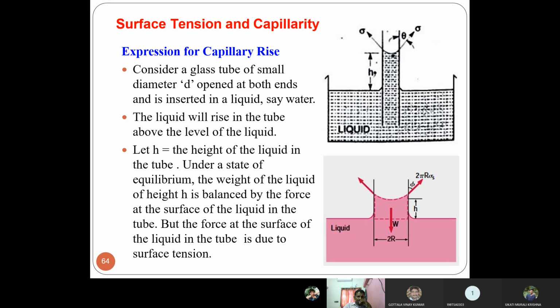Under the state of equilibrium, the weight of the liquid of height h is balanced by the force at the surface of the liquid in the tube. But the force at the surface of the liquid in the tube is due to surface tension.